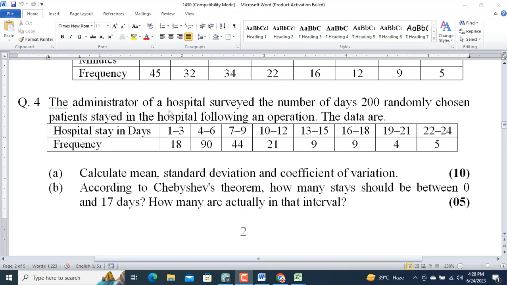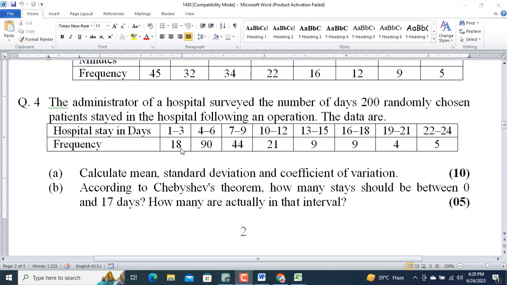The administrator of a hospital surveyed the number of days 200 randomly chosen patients stayed in the hospital following an operation. Data are hospital stay in days. It is in the form of groups or intervals: 1 to 3, 4 to 6, 7 to 9, and frequency.